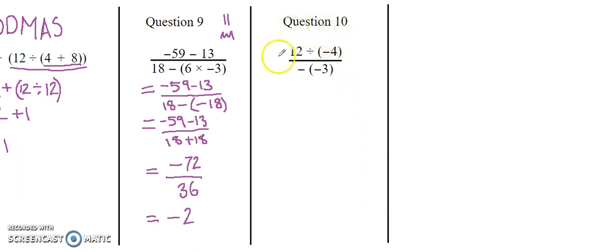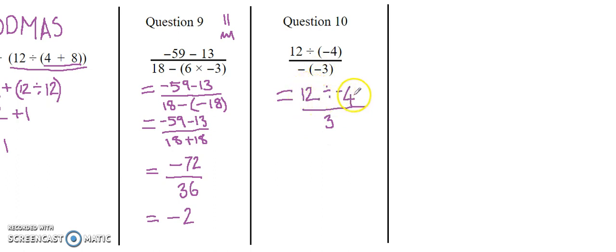Our last question from the quiz was 12 divided by negative 4 over negative 3, well, negative times negative 3. Once again, we do the brackets first. So it's 12 divided by negative 4 over, what's a negative times a negative? It's going to be positive 3.